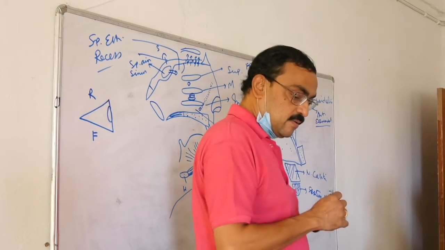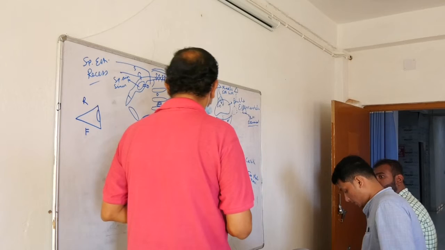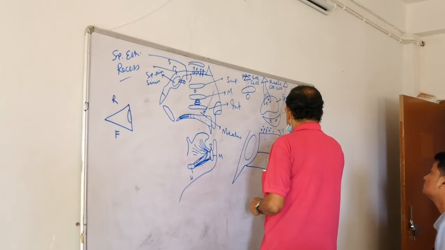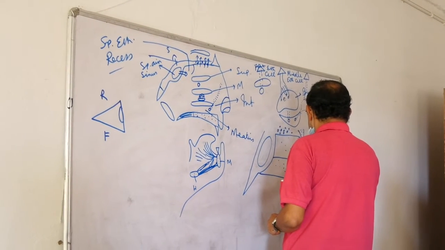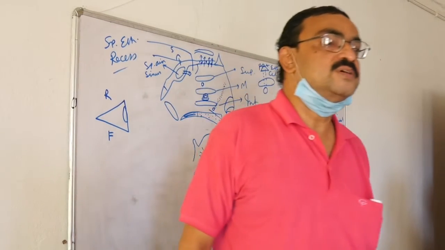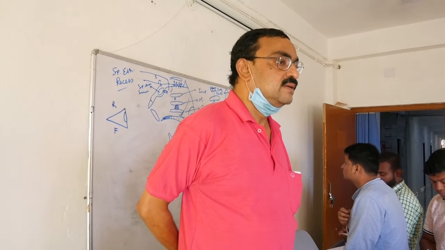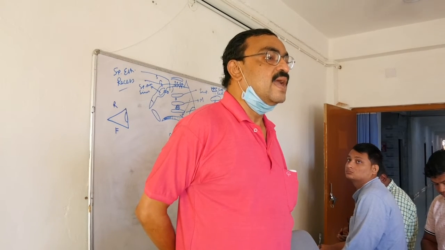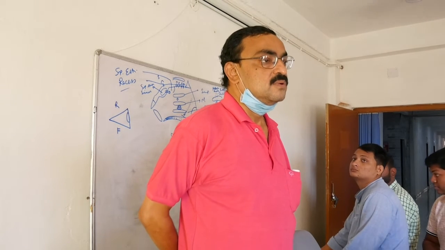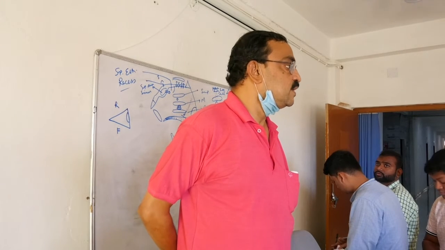Now about the blood supply of this area. Very important. From above, the anterior ethmoidal artery is coming down, which is nothing but the continuation of the ophthalmic artery. The ophthalmic artery within the orbit gives anterior and posterior ethmoidal branches, and they come out through the anterior and posterior ethmoidal foramen.